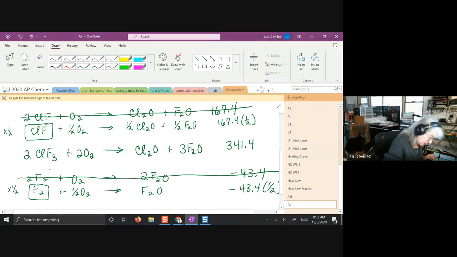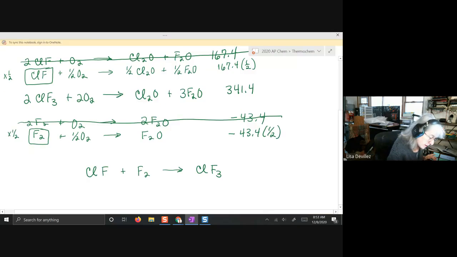Okay, so here I need, oh no, it's in 2 places. Oh, it's in all 3. Alright, let's see. So I'm gonna flip it and then multiply through by 1/2.